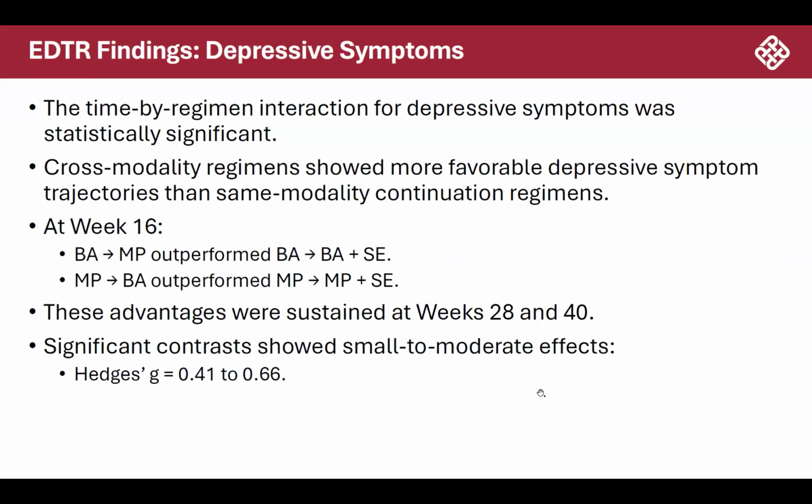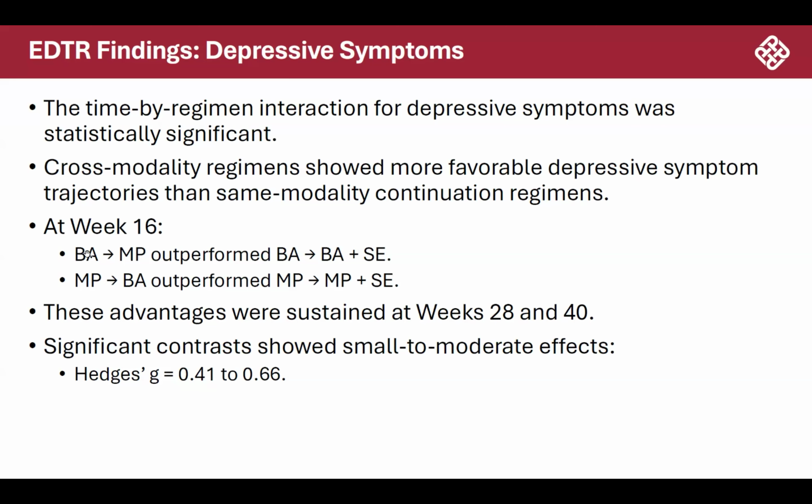And the time-by-regime interaction for depressive symptoms was statistically significant. We found that the cross-modality regime saw a more favorable depressive symptom trajectory than the same-modality continuation regime. That means if there are non-respondents, it is better for us to change the intervention.